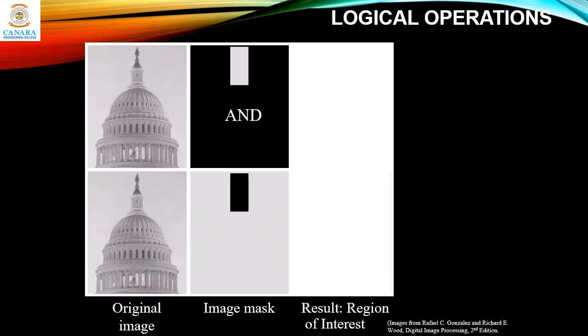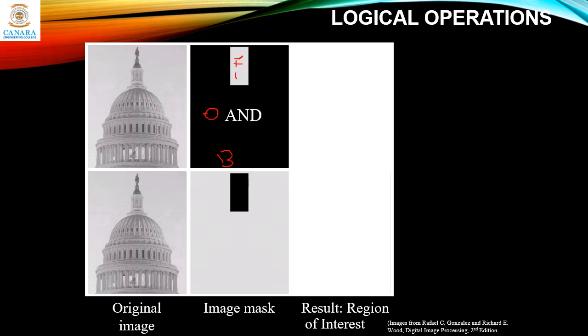First up is the AND operation, and you can see this is the background, black, and this is the foreground, I can write it as foreground F. So what happens here is this black area is full of zeros, and white means it is 1. Now anything you AND with 0 will be a 0, so that will become a black pixel. And for ANDing with 1, if it is 1, the output will be 1.